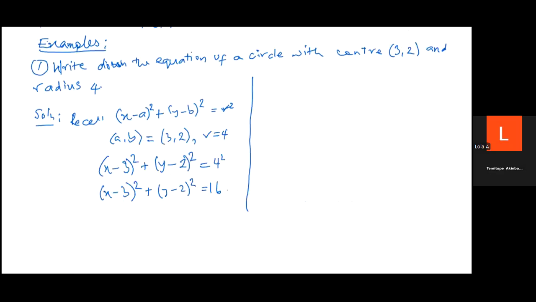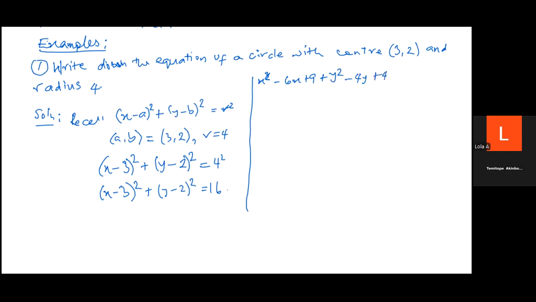So let me simplify this by expanding. If you expand this, you have x² − 6x + 9, plus, expanding (y − 2)², y² − 4y + 4 = 16.